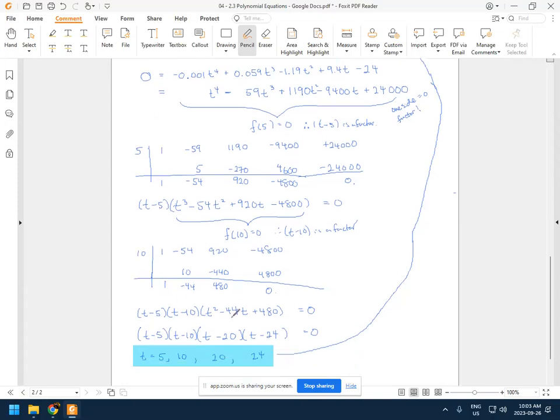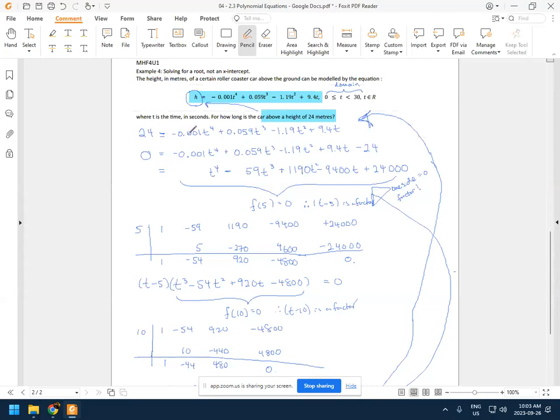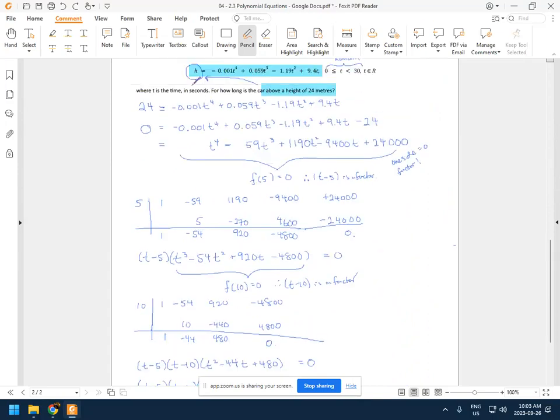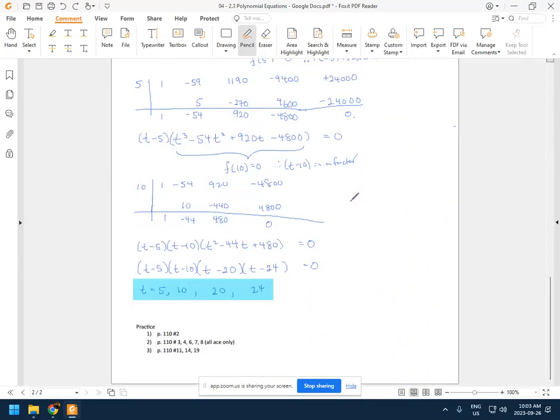These answers are the answers to that question. But it is also corresponding to the same answers as our original equation. Always go back to what you were starting with to answer your question. And so what does that mean? It means, go back to the original, when the height is at 24 meters.